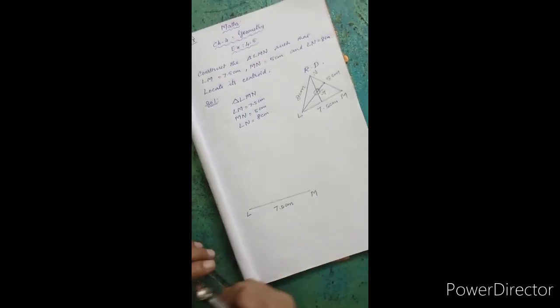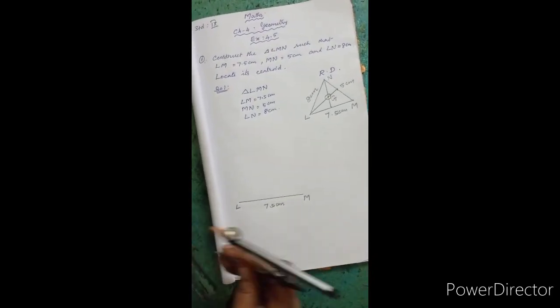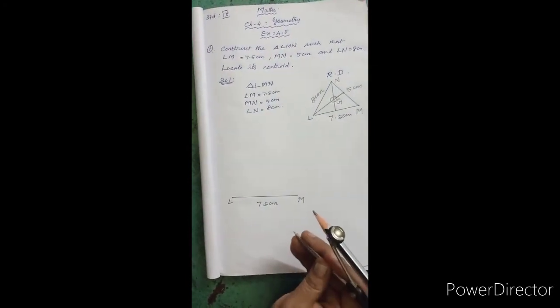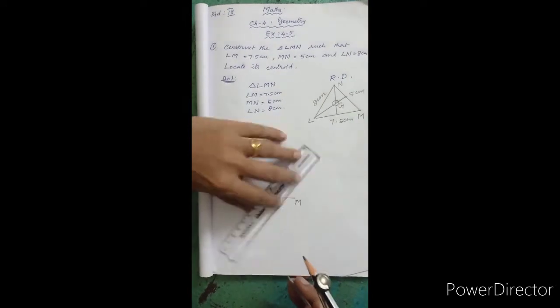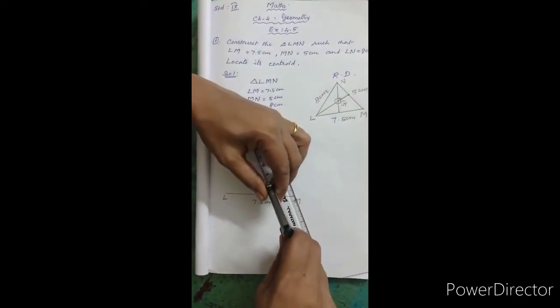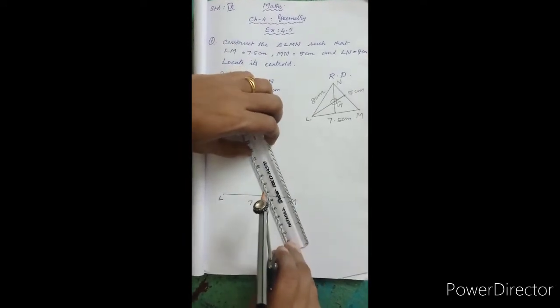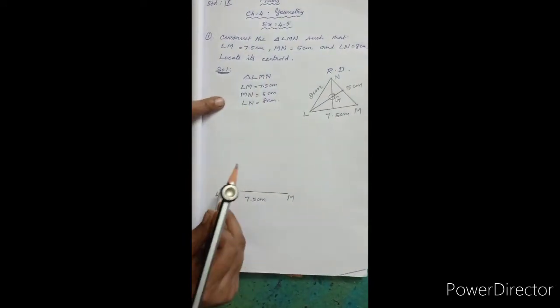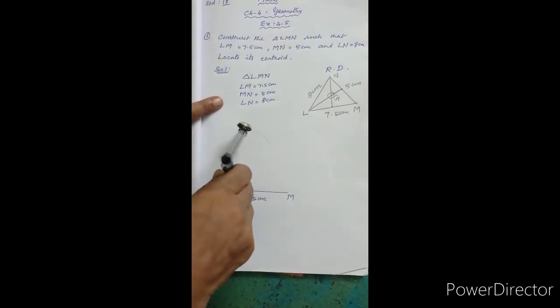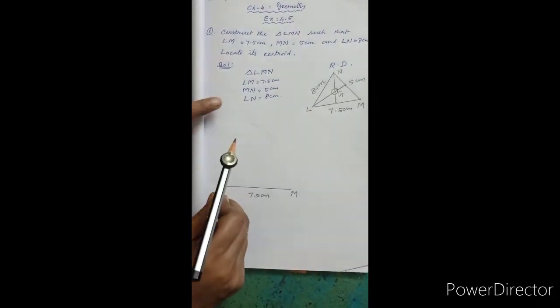Now take 8 centimeter in your compass as radius. Now L as center, draw one arc for radius 8 centimeter.